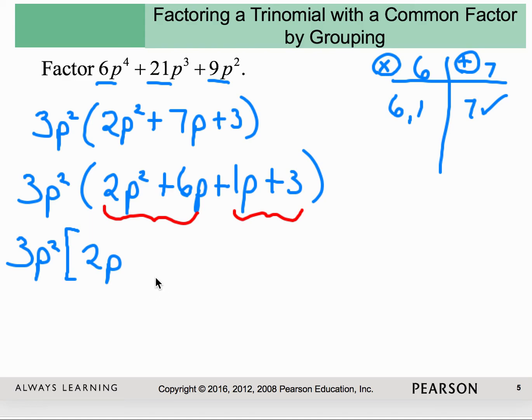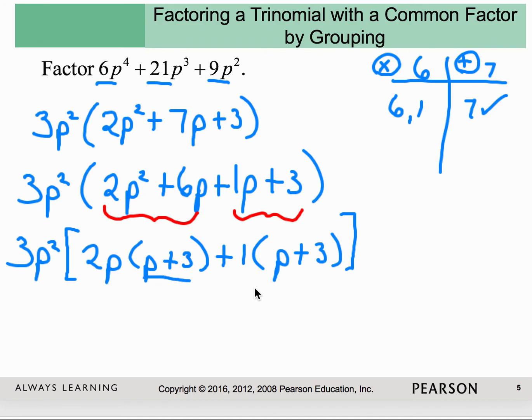Don't have to, but it's confusing if there's lots of parentheses inside each other. If I take out a 2p, all that's left is a p. Take out a 2p, there's a 3. Plus sign, so no worries. No common factor, that means there's a 1 if there's nothing else, and 1 doesn't change anything, so it'll just leave the p plus 3.